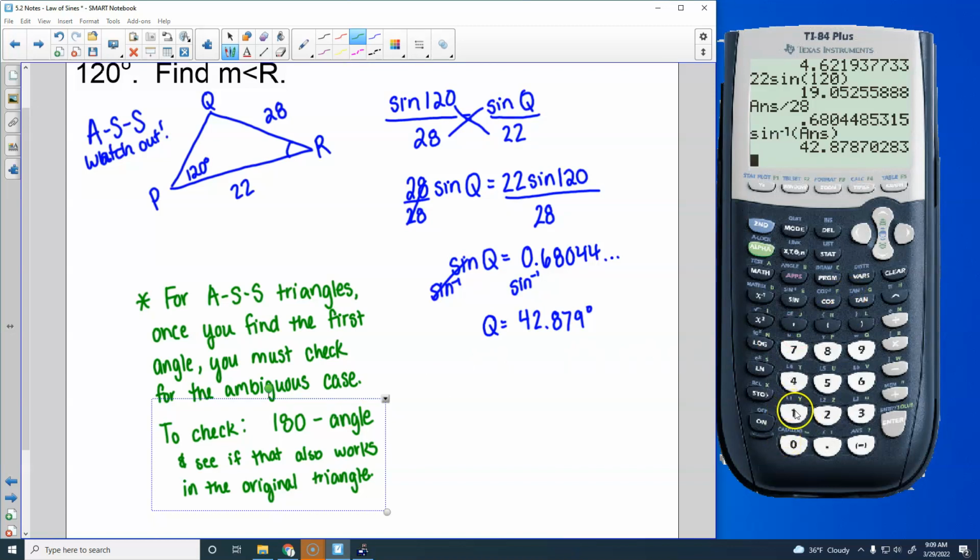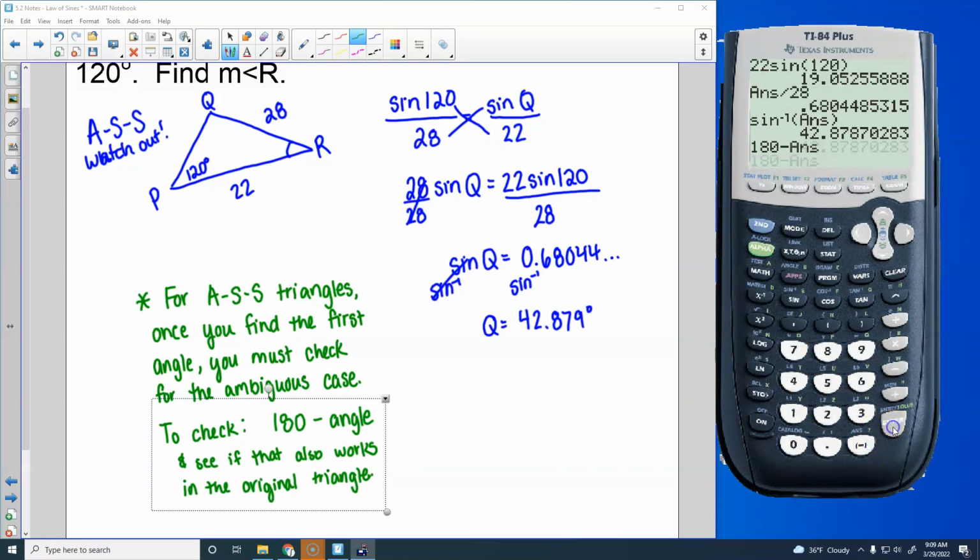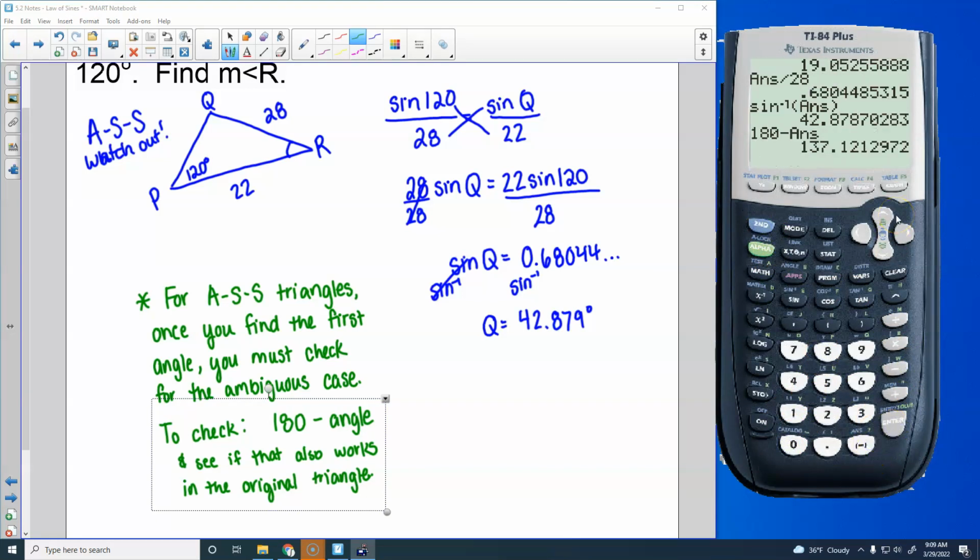So if we take 180 and subtract that angle that we just got, so for checking, we're going to have Q. I'm going to put equals with a question mark over it right now because I'm not sure if it does or not. That's not official mathematical notation there, but to help us remember, we did 180 minus the 42.879, which gives us 137.121.